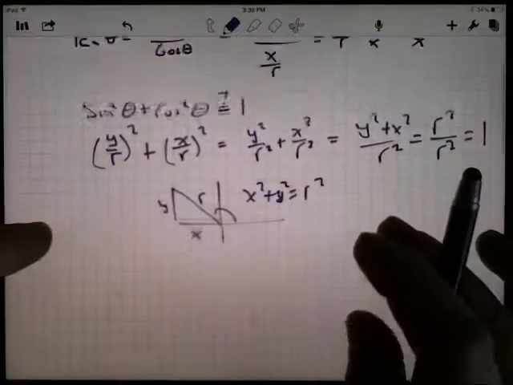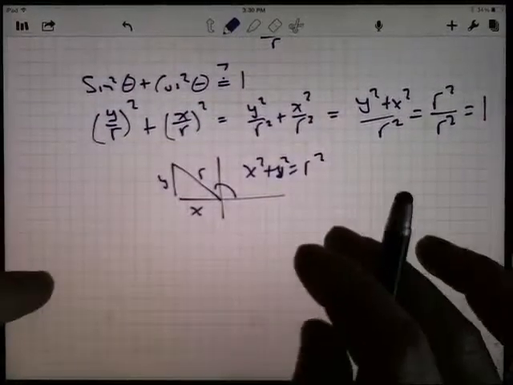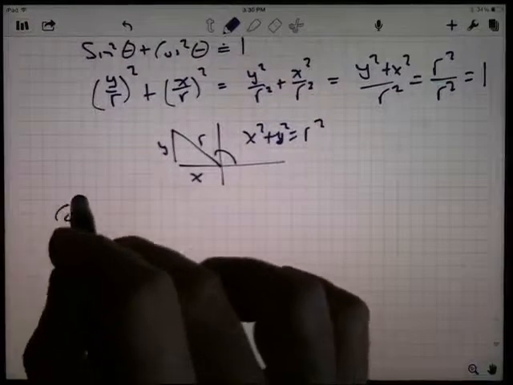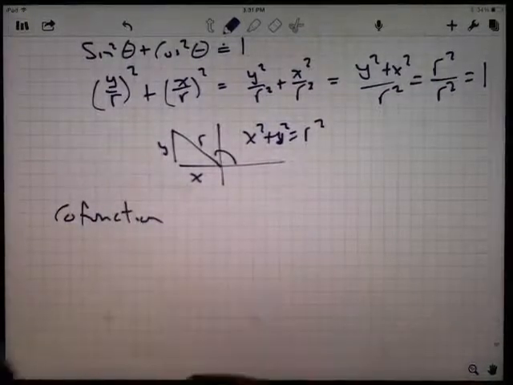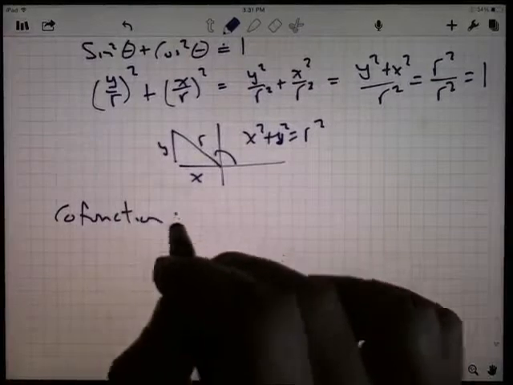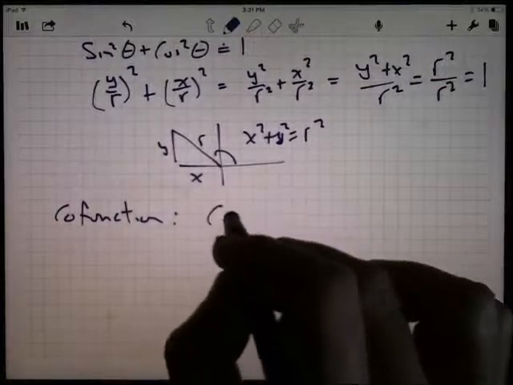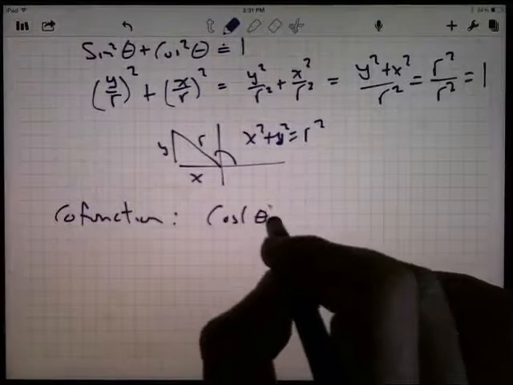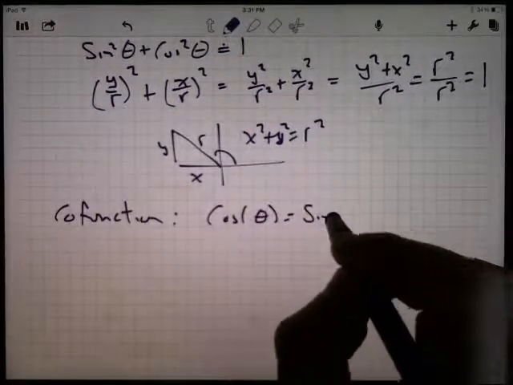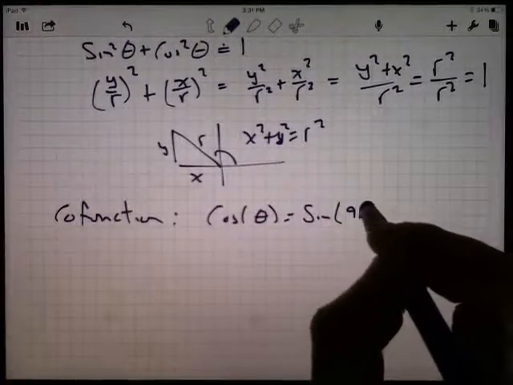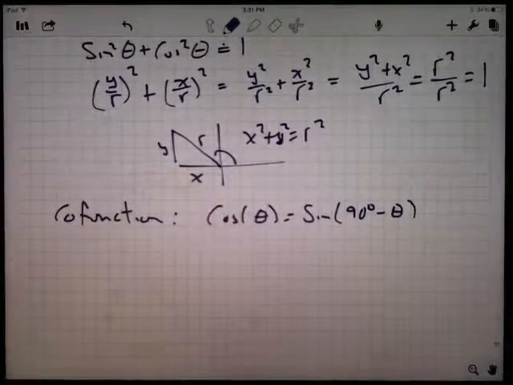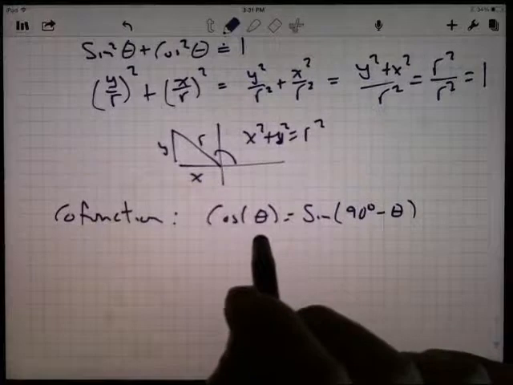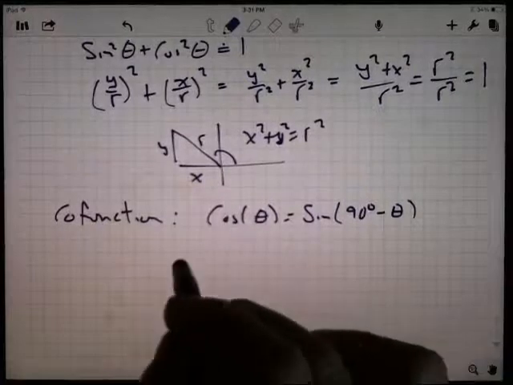One of the things I want to look at now is the cofunction identities, because these look a little different. For instance, one of the cofunction identities was that the cosine of an angle is the sine of the complementary angle, right? Well, what if you have a bigger angle?